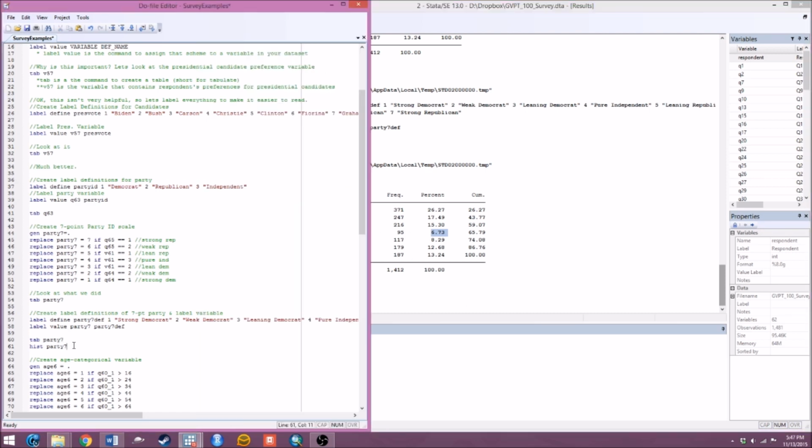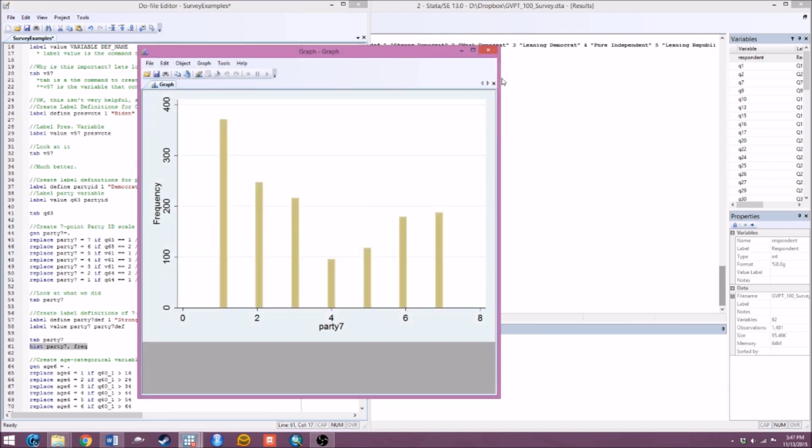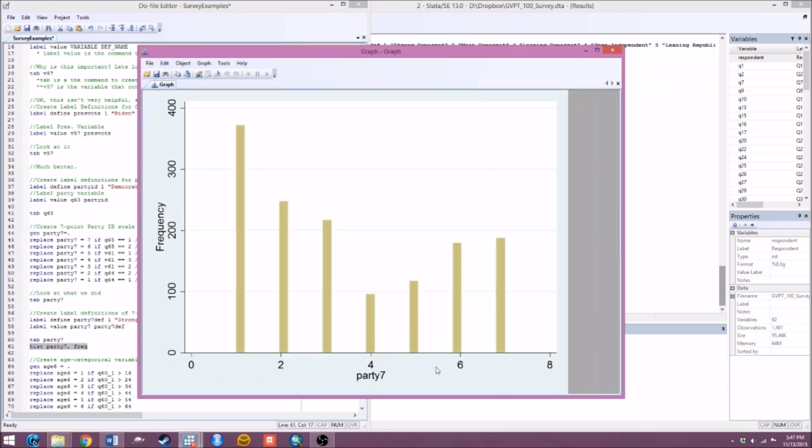Another way that we can represent this is in something called a histogram, which is just a way of graphing this in a meaningful way. So we can see, all right, our sample has lots and lots of strong Democrats, but then these two sort of are more or less the same. But what we see is fairly interesting.